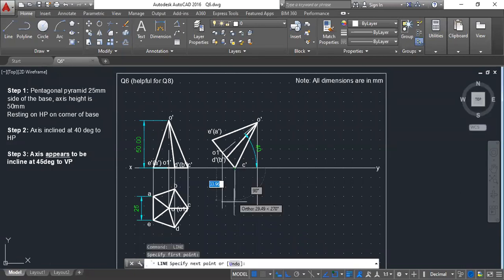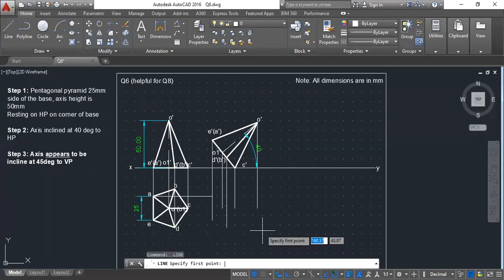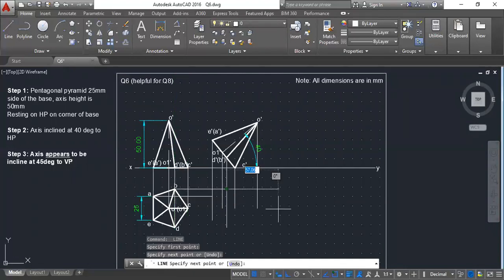Do the same for C. C is also on the same line, so that is your new C. Now A will be from here to here. Then do the same for D. So D is here. B will be from there to here.